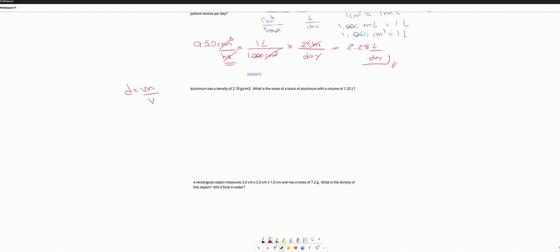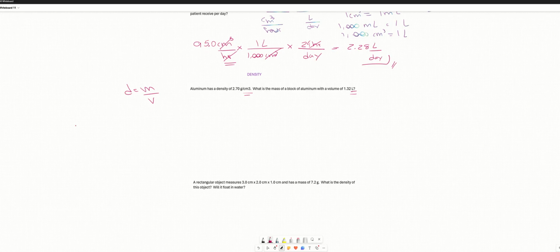So you don't even need to memorize anything, because you are able to do it by yourself just reading and knowing that density is mass divided by volume.